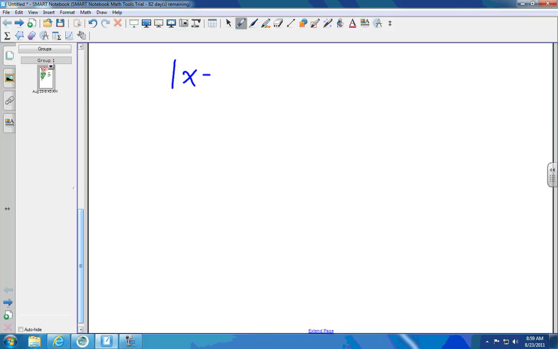So if you have the absolute value of x minus 18 equals 5. Well, the absolute value of this can be in 2 places. It can be to the left of 0 or the right of 0. Anytime you have an absolute value equation, you've got to write that out 2 ways.